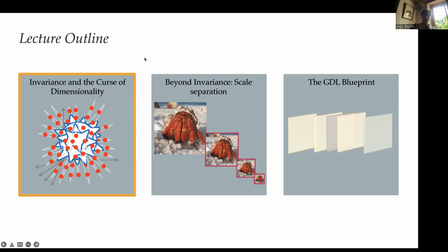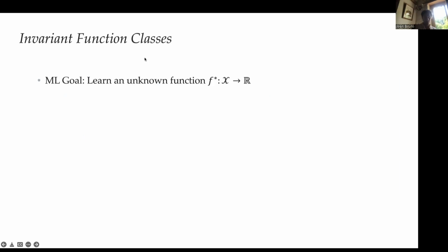All right, so let's start with the first one. So remember, the goal of machine learning, in particular in the case of supervised learning, is to learn an unknown function f star, right? This function f star is defined over a very, very high dimensional space. X would be the space of all possible images, for example.